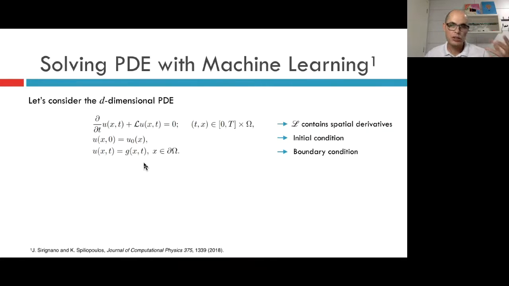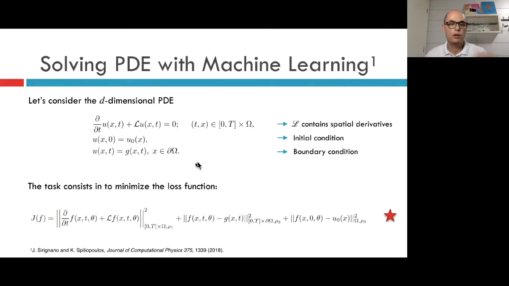But what is the strategy you need to employ to solve this problem using machine learning? Well, the basic idea developed by these two researchers is, let us build a loss function in this way.